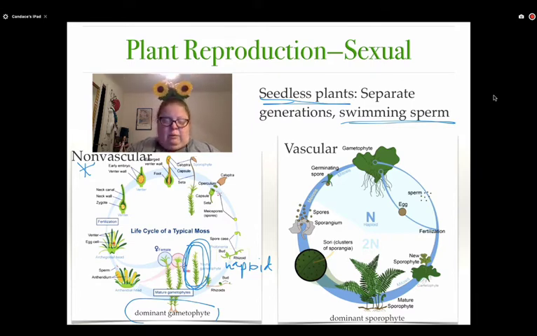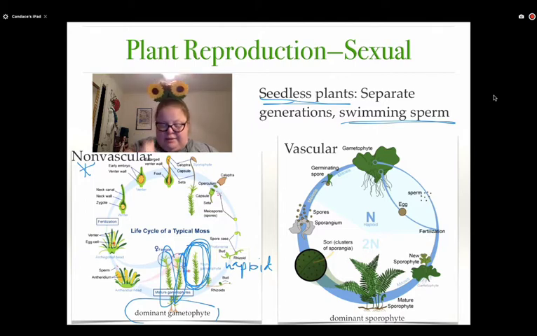And for humans, and pretty much everything else we're going to talk about after these two guys, the only haploid cells are the reproductive cells. There aren't any structural haploid cells, but in mosses, they are. So this whole plant structure is haploid. All of the cells have only half of their genetic information.